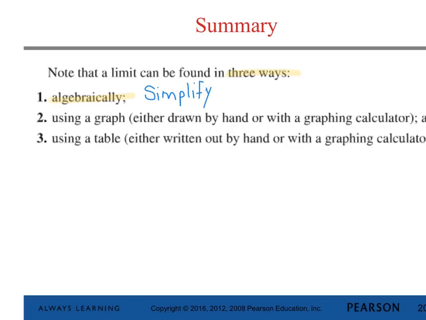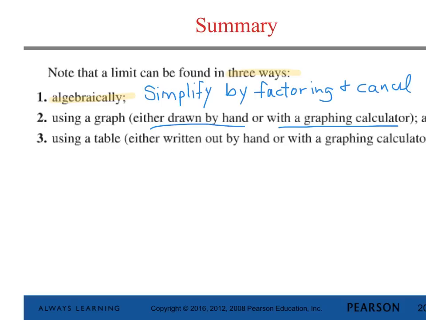Usually the simplification is we're going to simplify by factoring and canceling common factors. Just remember, don't forget the hole. We can also simplify by drawing a graph, either drawn by hand or with the graphing calculator.